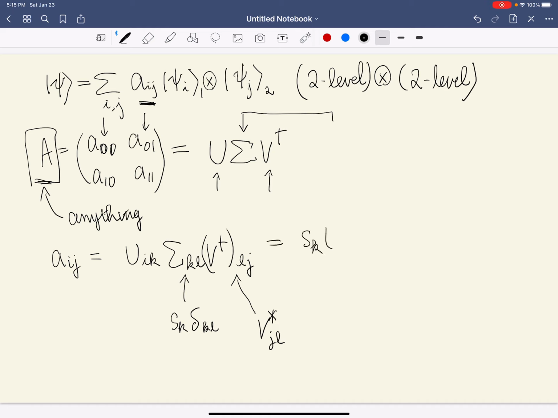There's s_k, and then there's U_ik, and then you have to combine this delta function with this V matrix. So then I'm going to find V star_jk. Since the k's appear three times, maybe I should put a summation sign explicitly here because the Einstein convention does not apply anymore. And again, let's keep in mind that all of these numbers s_k are non-negative.